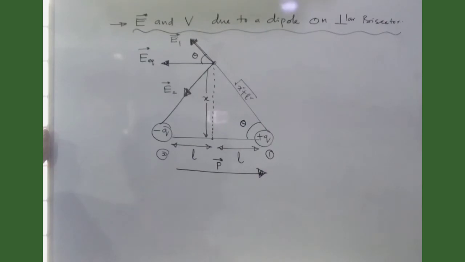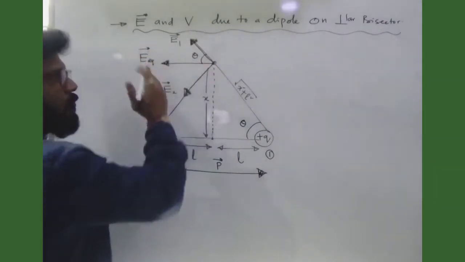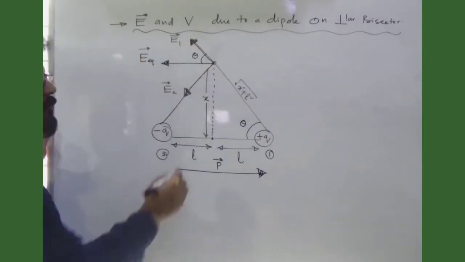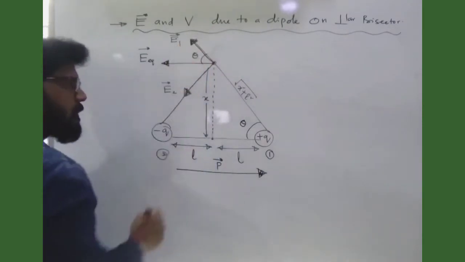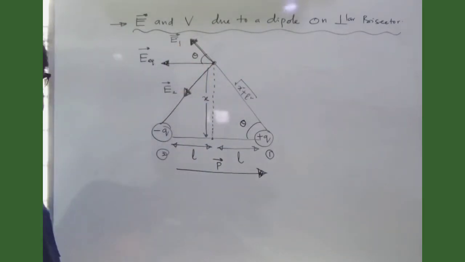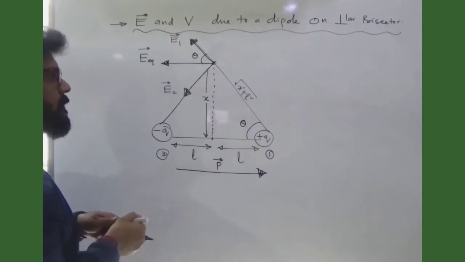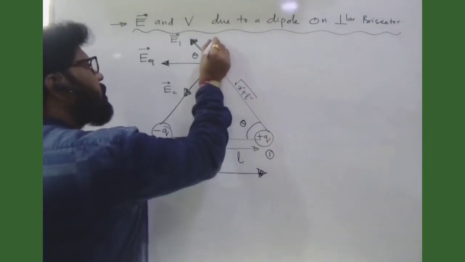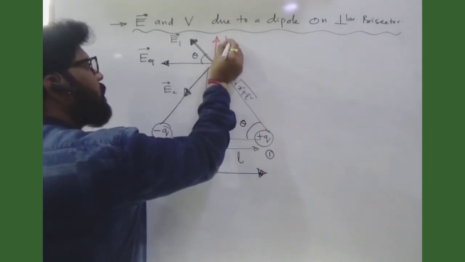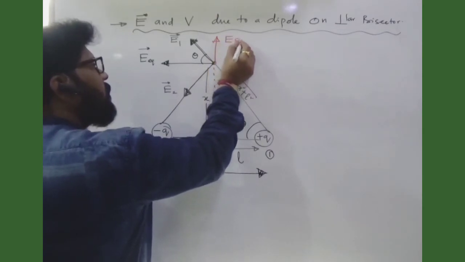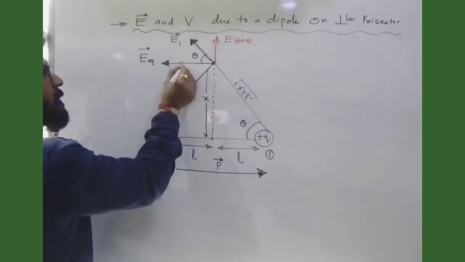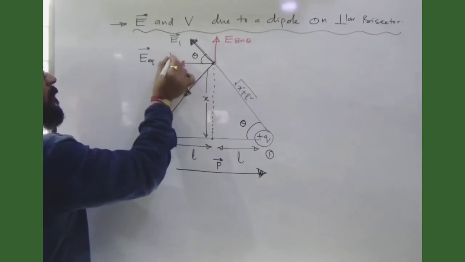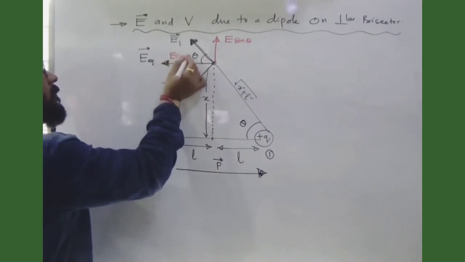E net we want. Now E1 is resolved into two components: one is E1 sin theta, the other is E1 cos theta. Hope it is clear.